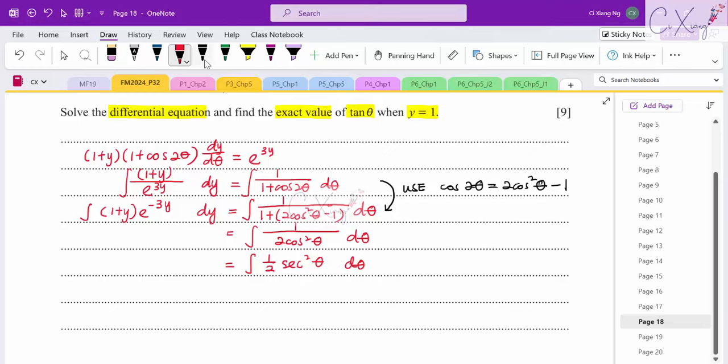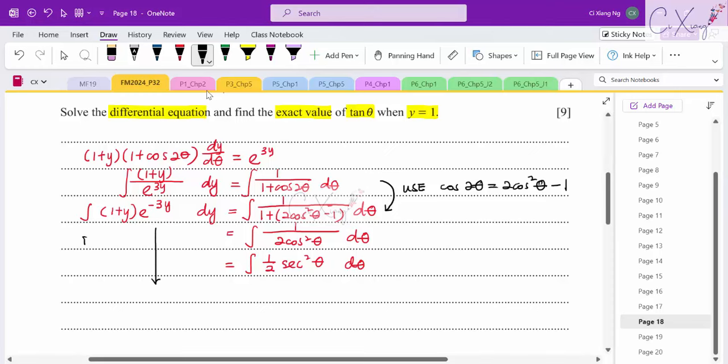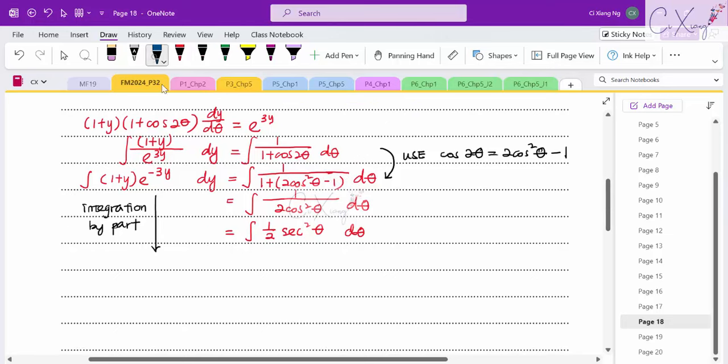For the left hand side, I'm going to use integration by part. Let us look at our terms.